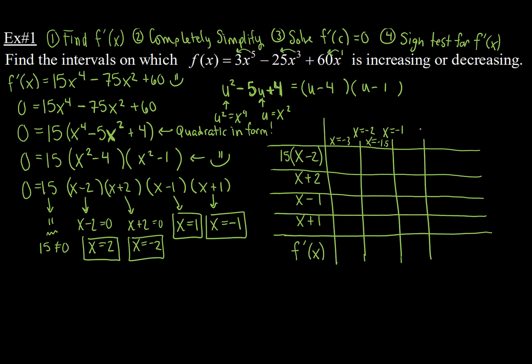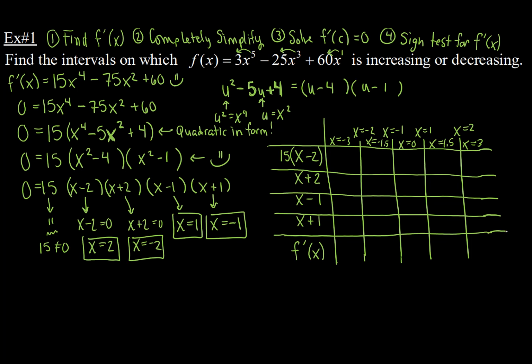My next critical number is 1. And my critical number after that is 2. So I pick a value between negative 1 and 1 for this interval here, and I'm going to use x equals 0. In between 1 and 2, I'm going to use a positive 1.5. And to the other side of 2, larger than 2, I'm going to pick x equals 3. Expand these lines just a little bit.